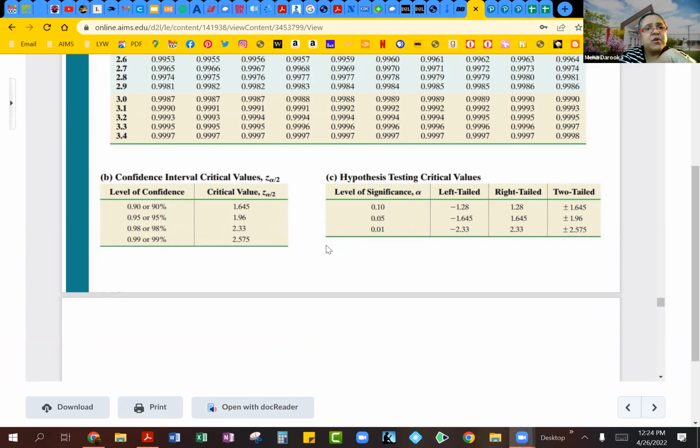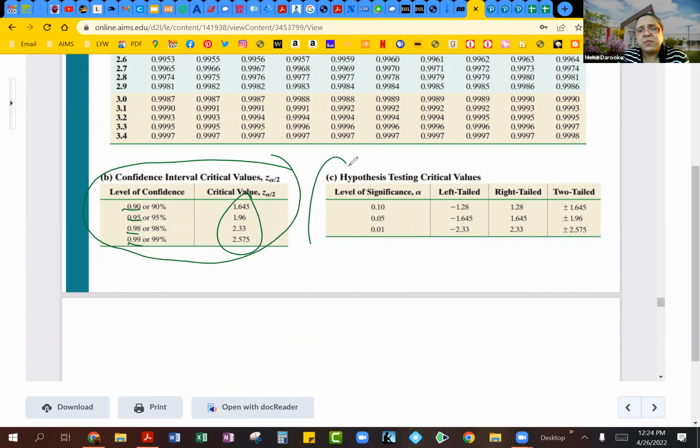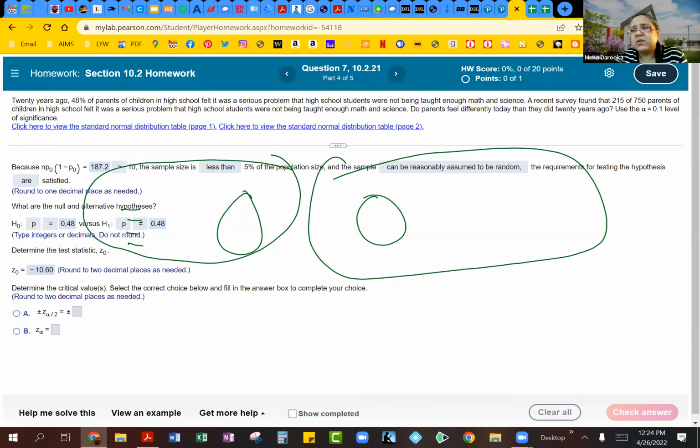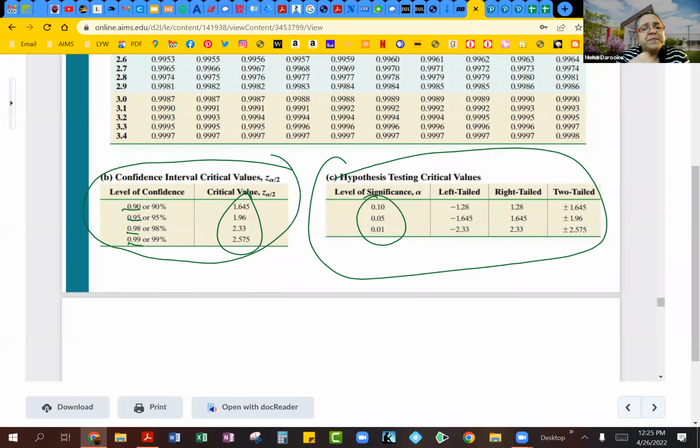And also for your confidence intervals, they've got 90, 95, 98 and 99%, what those critical values should be. And then here's your hypothesis testing based on the level of significance. And our level of significance, they told us to use 0.1. So 0.1 would be this one.